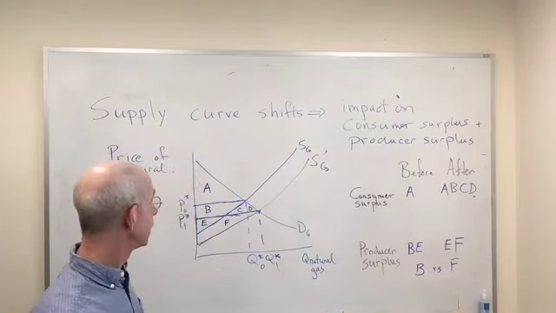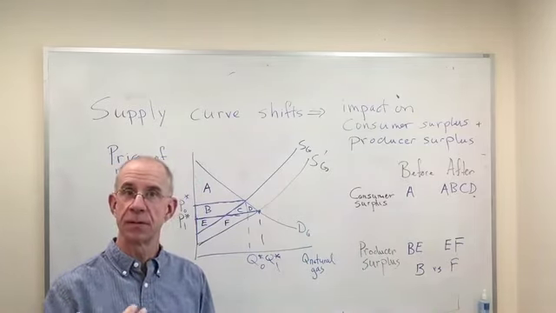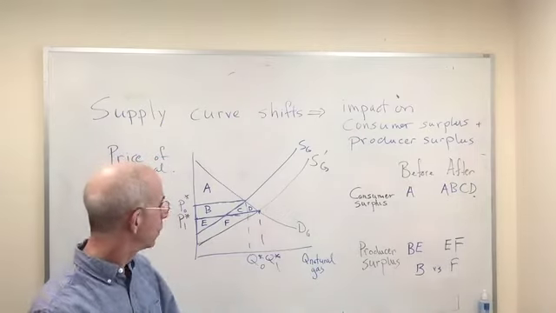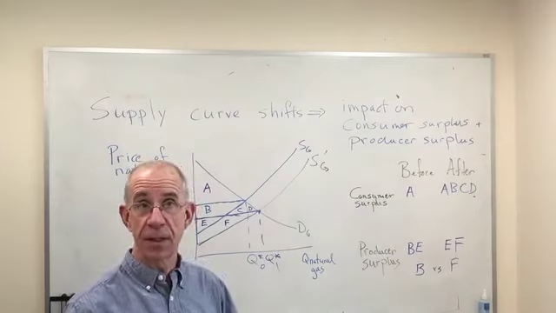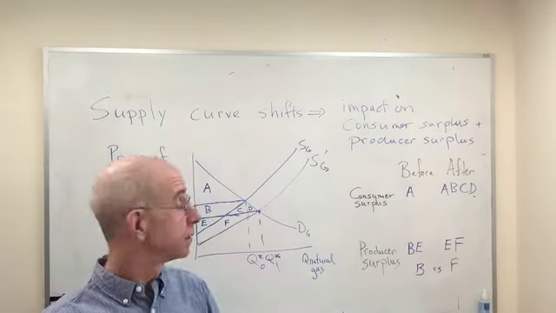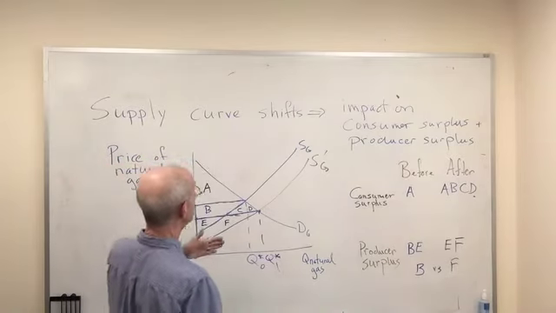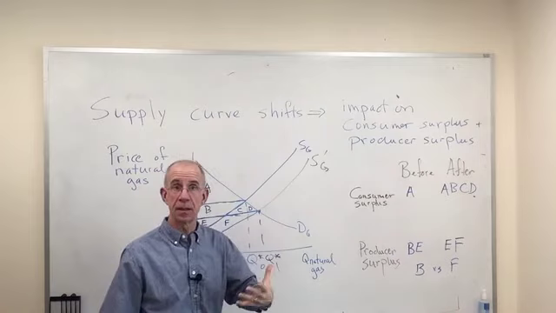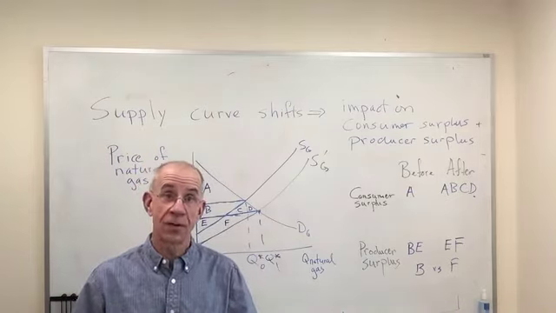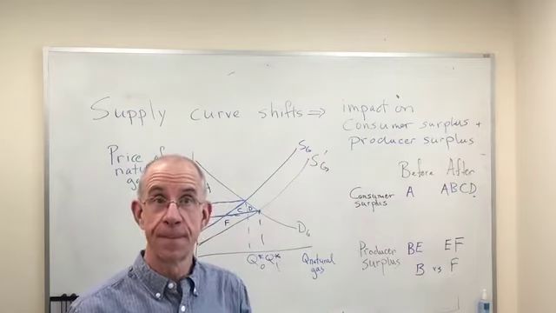And this area B and F reflect those ambiguous effects. So it's really impossible to say a priori, ahead of the game, whether or not an increase in technological capabilities, a lower cost, will actually help producers or not. It might, or it might not.